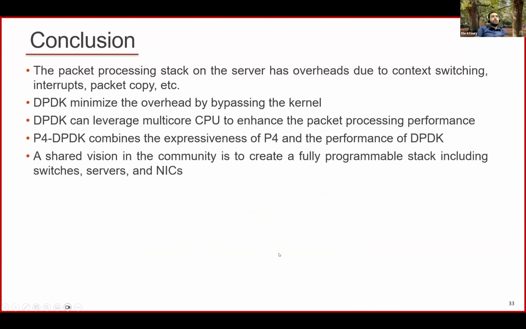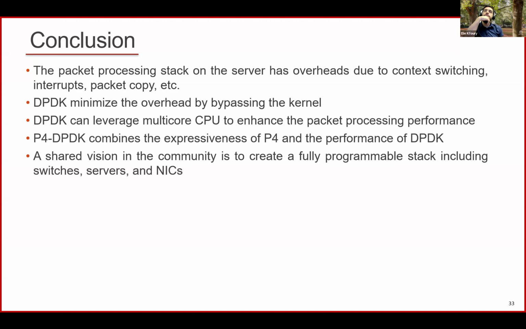So in conclusion, the packet processing stack on the server has a lot of overheads. You have context switching, interrupts, packet copying. All of those make the packet stay for a longer time in the server before it's consumed by the application. And all of these overheads would not allow you to get high rates, especially with small packet sizes.